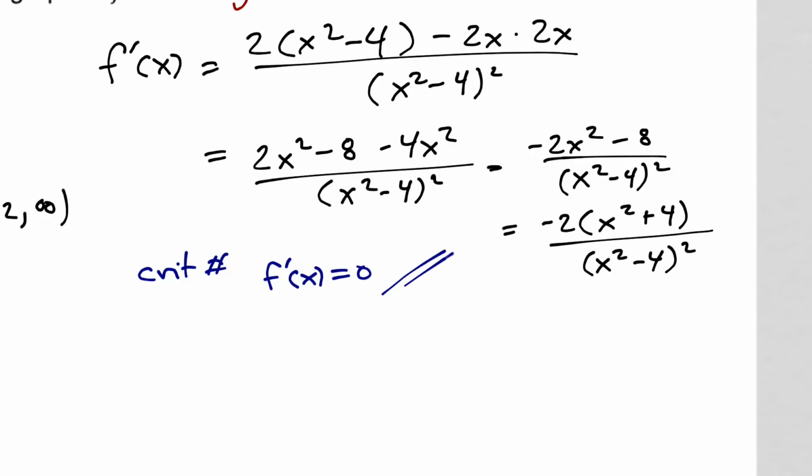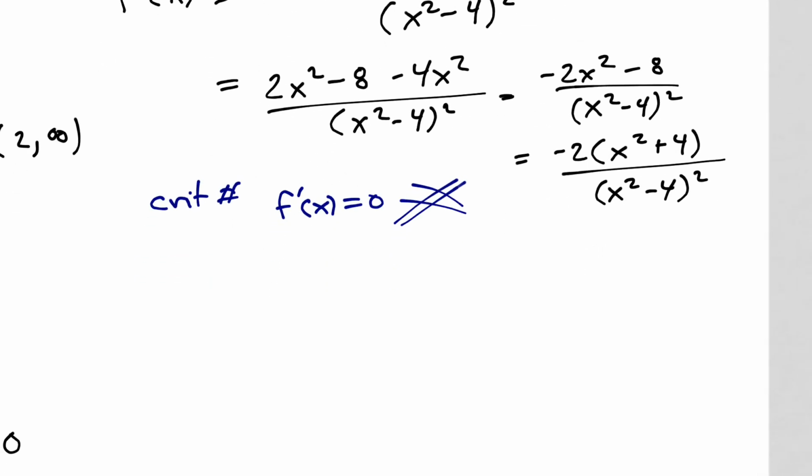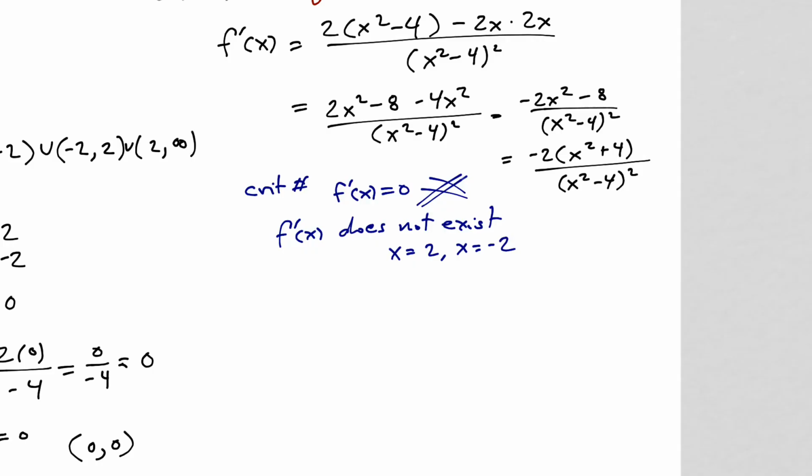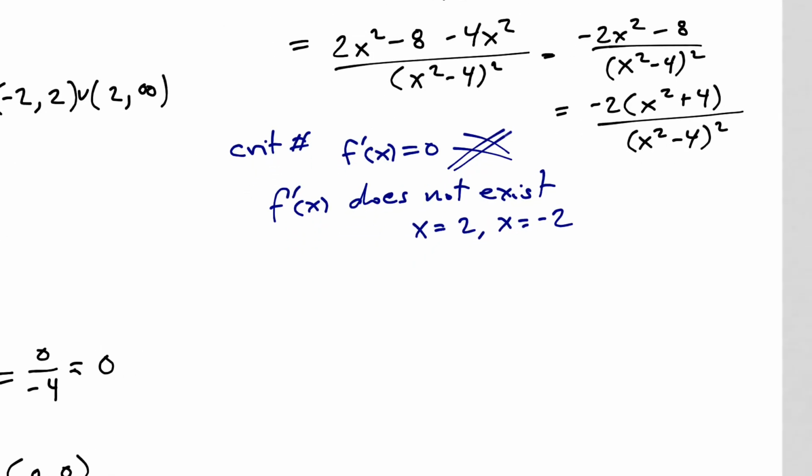So this never happens, but the derivative does not exist when x equals 2 and when x equals negative 2. For the same reason, the original function doesn't exist. The denominator becomes 0 for those points.